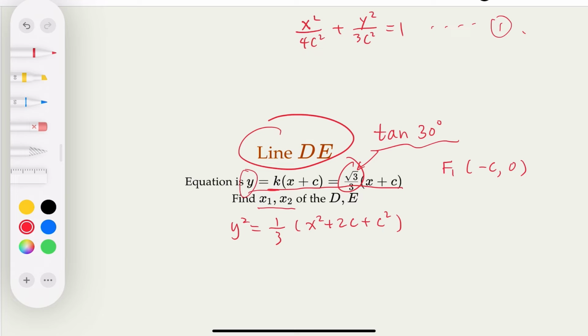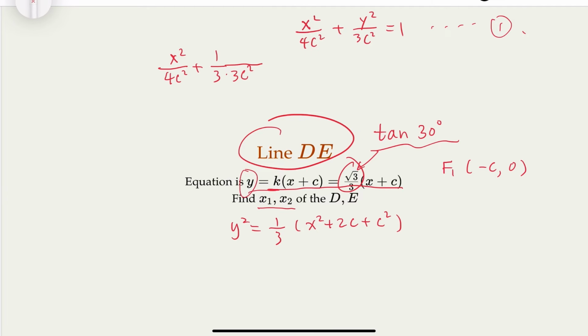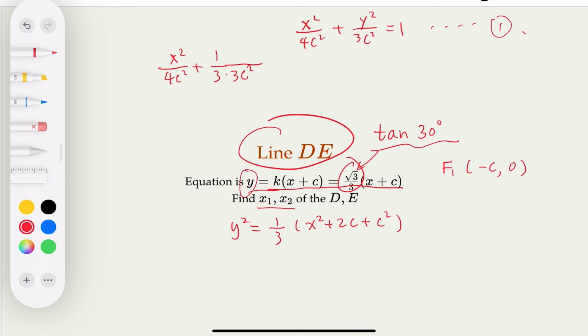Let's plug in, right? So x squared over 4c squared plus 1/3, and then you divide by 3c squared, of x squared plus 2cx plus c squared, and equal to 1. So what kind of equation is this?